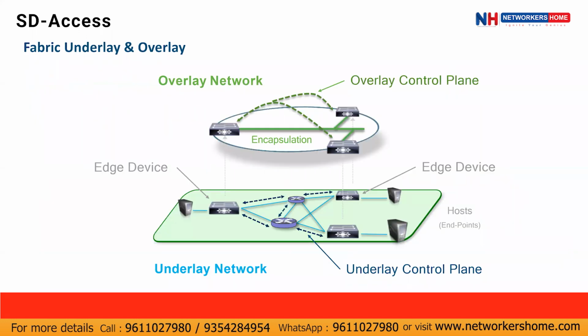So if you see, the edge device is here. These arrows are the underlay control plane, which can use any protocol supported as of now in Cisco SD Access. There are two protocols supported for building the underlay. Underlay is nothing but the basic connectivity and reachability using any supported routing protocol.